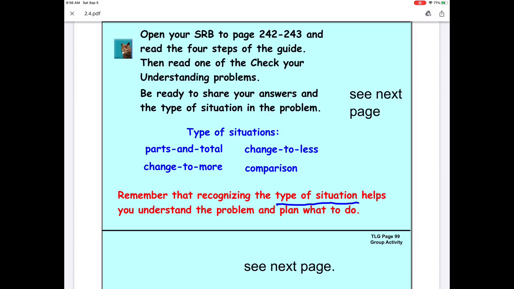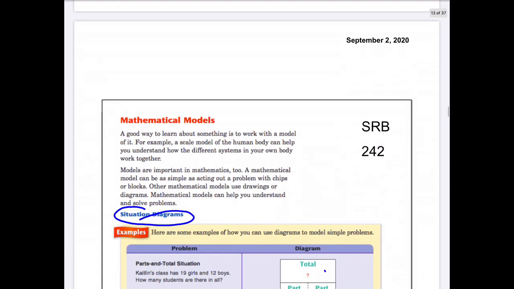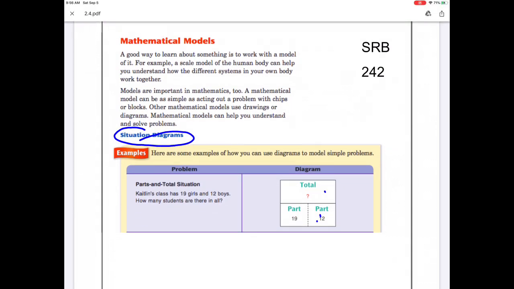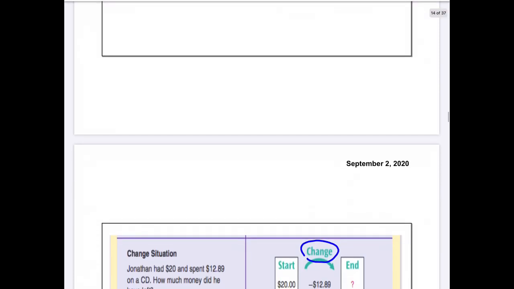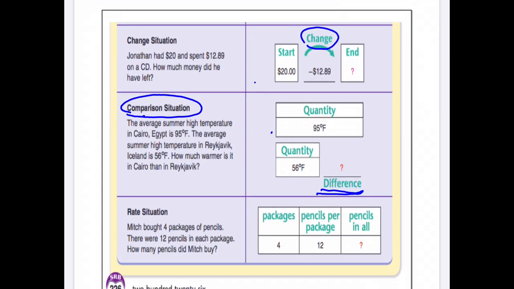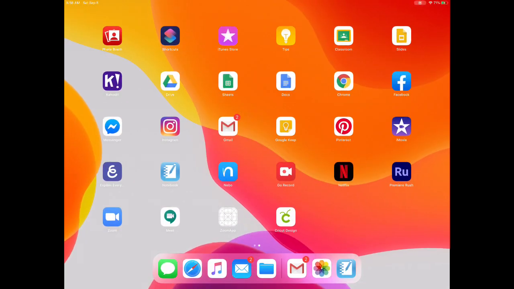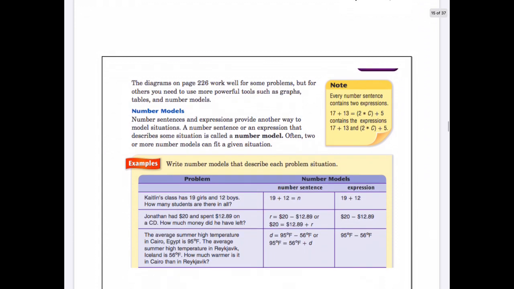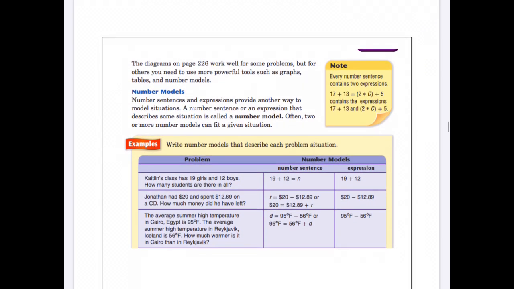These are types of situations: parts and total. They're basically diagrams you can use to solve the problem. You use whichever one works at the time. Here's some more examples. And here's how it's working for some people. You've got the problem, the number sentence, and the expression.